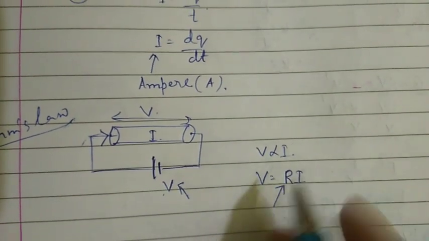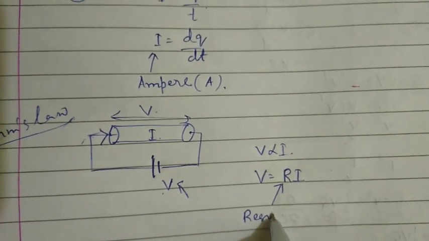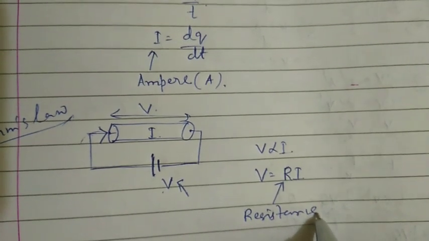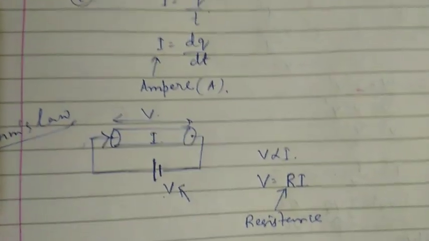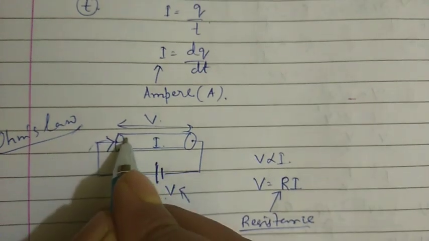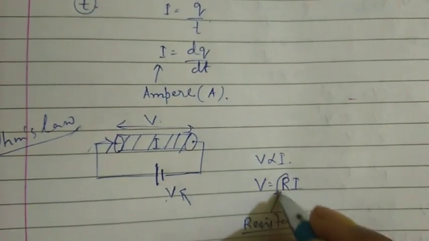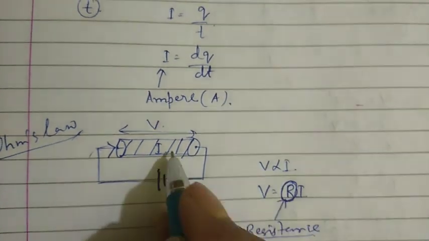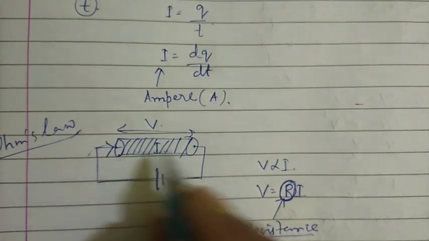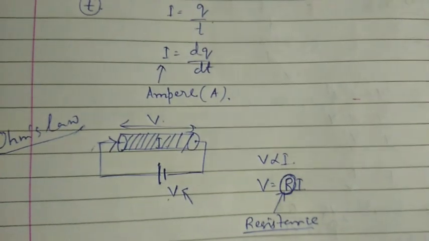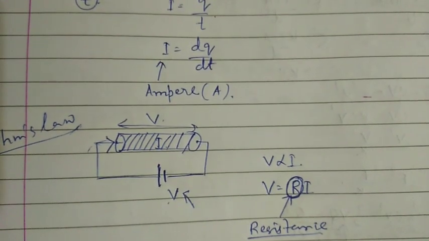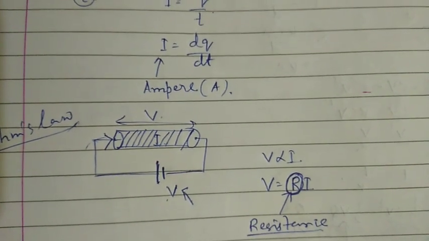Here R is called resistance. Resistance of what? Resistance of this material or wire. The resistance is a property of this material. It depends on its shape, size, and also the material it is made of.